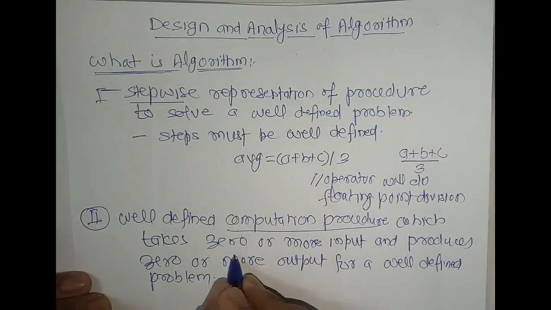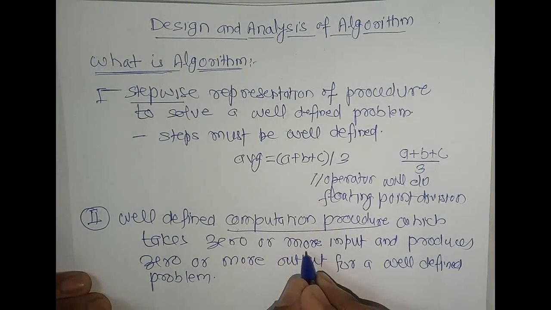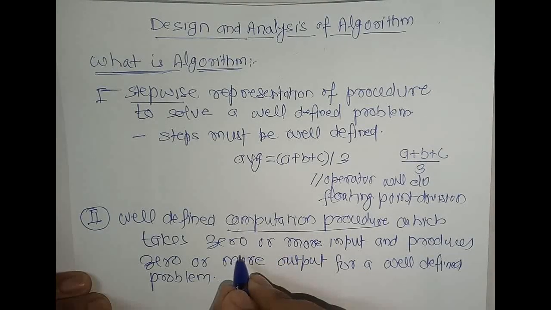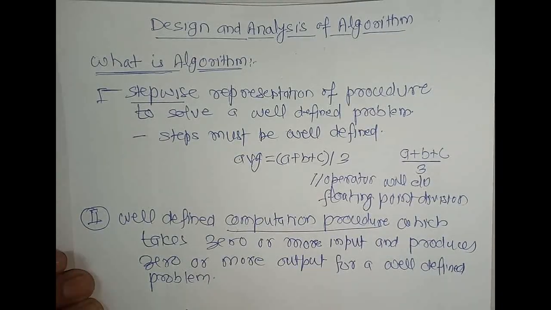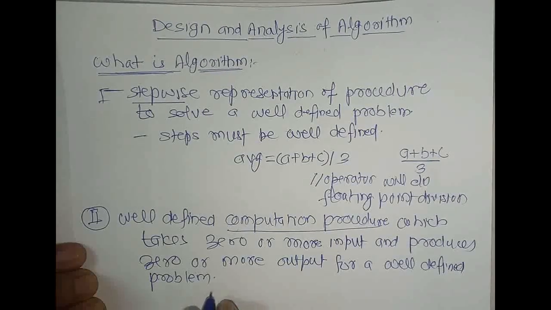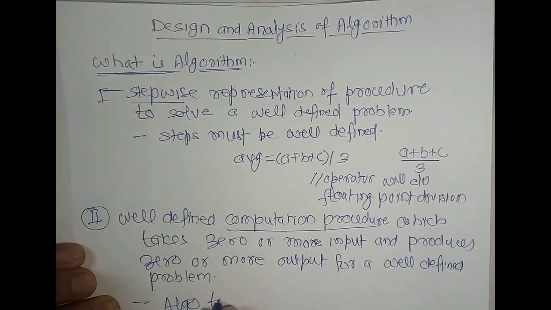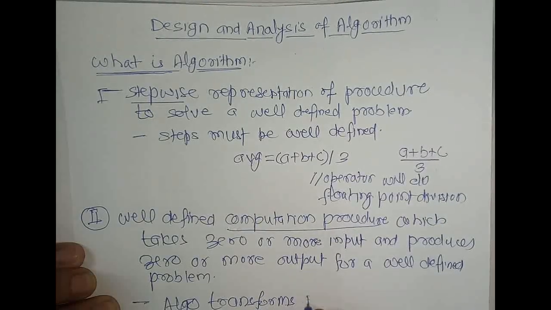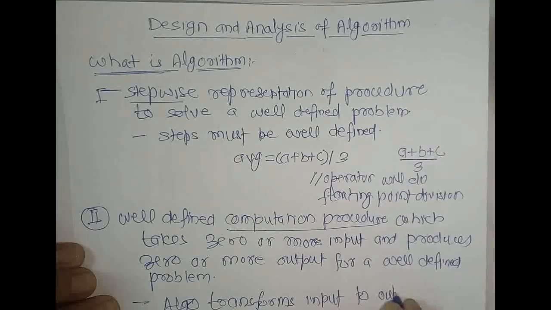That is, sometimes there are algorithms which do not take any input, and sometimes they take input. That's why we are writing zero or more input, and each algorithm must produce some output. So in other words, we can say algorithm transforms input to output.